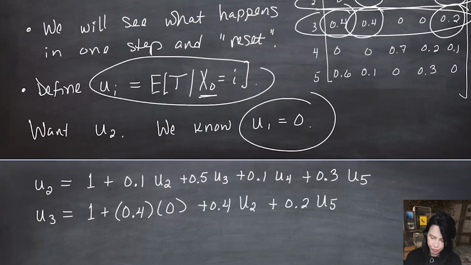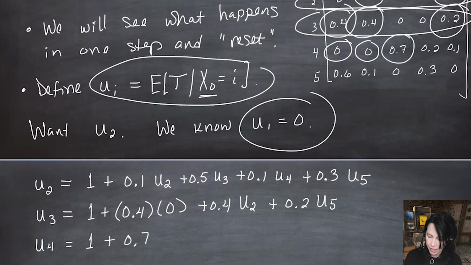Let's go for U4. Starting from 4, it takes at least 1 step to hit state 1. From 4, I can't go directly to 1. I can't go directly to 2. I do go to 3 with probability 0.7. So I'm going to add on 0.7 times U3, which is the expected number of steps now starting from state 3. This is the first step analysis.